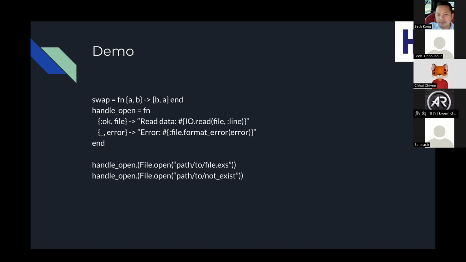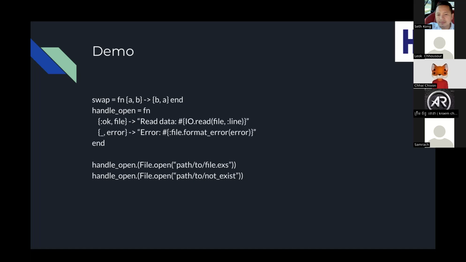Okay, we write a handle open. Handle open is a function because it starts with the keyword fn and is terminated by the keyword end. In the first line, we do a pattern matching. If you get the OK and file, then you get a file object, and OK is an atom saying that everything went well.